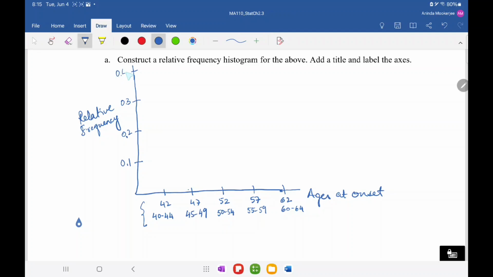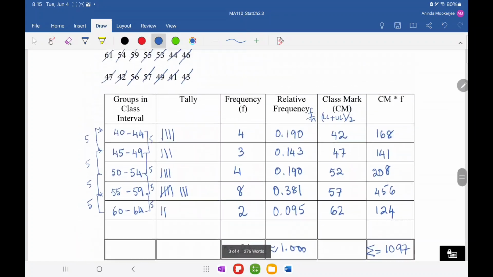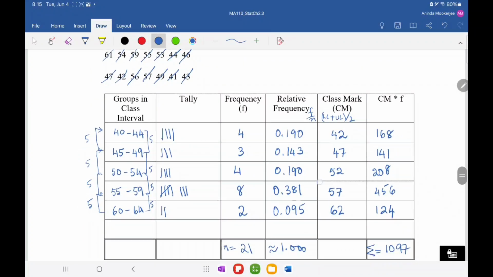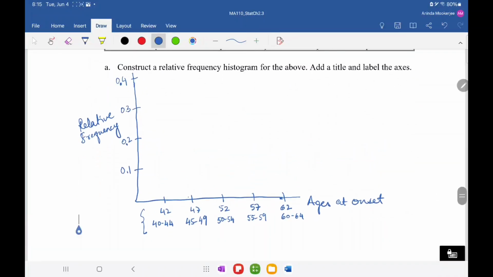Now for 40 to 44, what value did we have? 0.190, which will be a little less than 0.2.